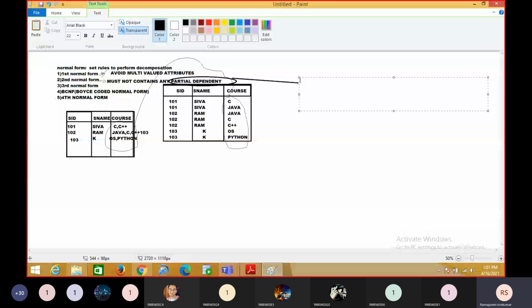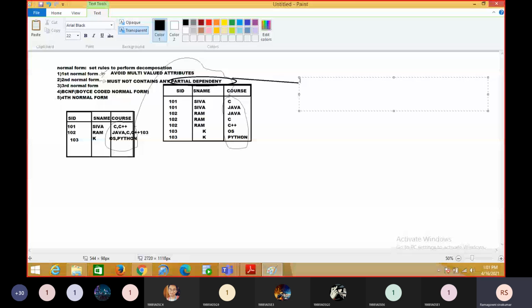Next, these attributes depend on it. So there should not be A determines B, B determines C, then A determines C. I cannot write that, so we are avoiding this here. So this is about first normal form, second normal form, and the third normal form.